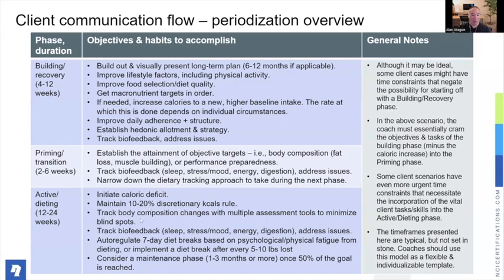And track body composition changes with multiple assessment tools to minimize blind spots. That's important. I think that you can't rely on a single tool to tell you accurately and reliably enough what's going on with body composition.